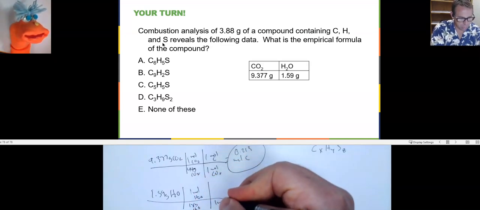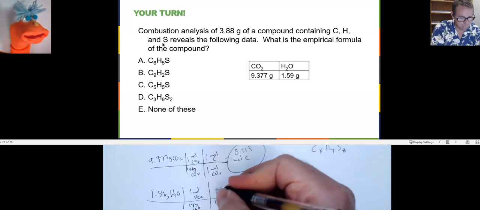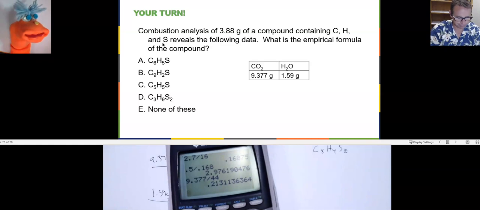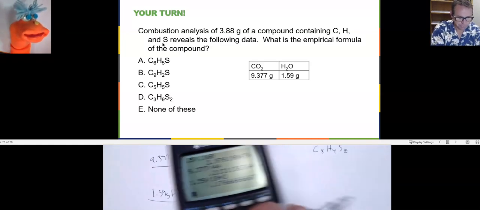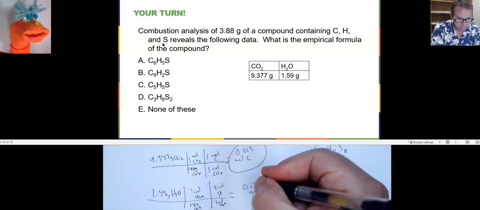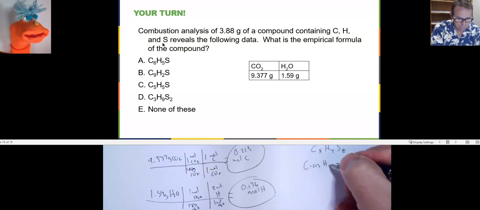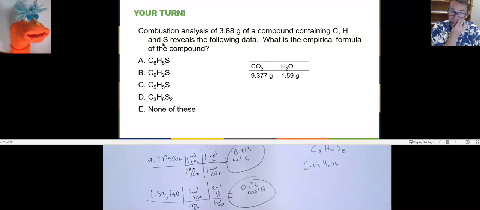And then 1 mole of water gives me 2 moles of hydrogen. So 1.59 divided by 18 times 2, 0.176. So I got C, 0.213, H, 0.176. Okay.